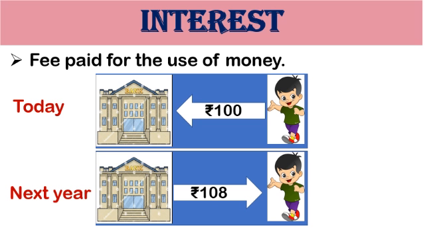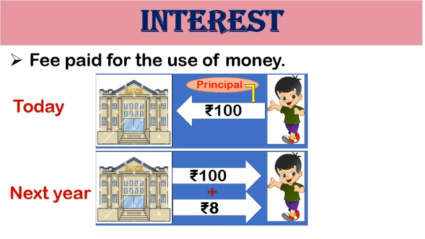Now the concepts are clear. And we need to understand some terminologies. This 100 rupees is called the principal. And what Rahul got after a year is composed of two parts. That is, the principal of 100 rupees, and the 8 rupees he gained is called the interest.